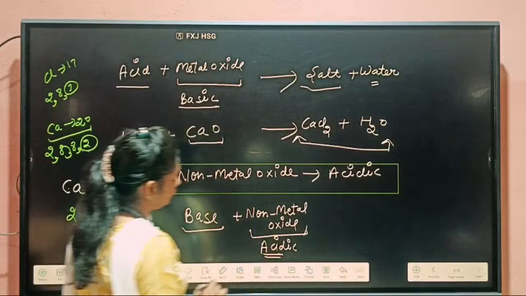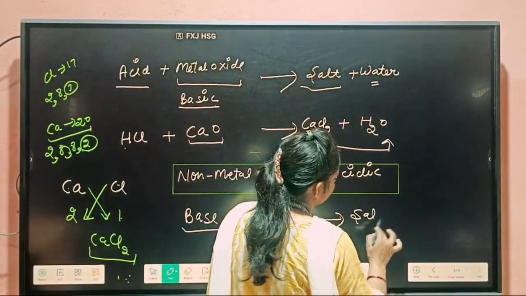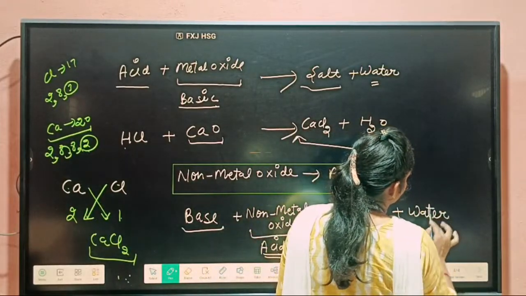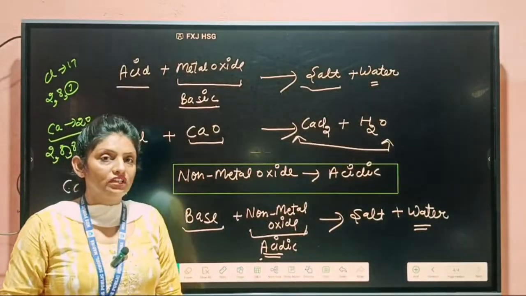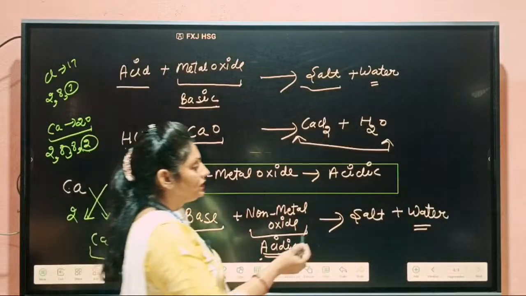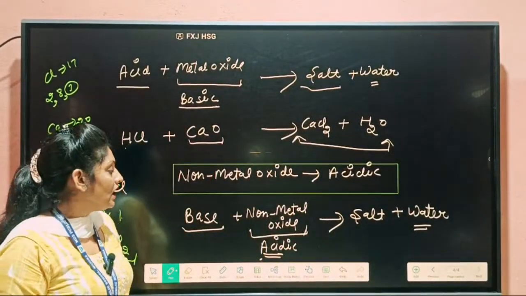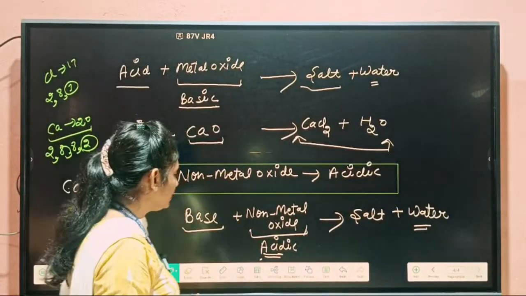So when they react with the base, then students, they will also form salt and water. Okay, because acid and base combine with each other and they give us salt plus water. Okay, students, I hope these things are clear to you.